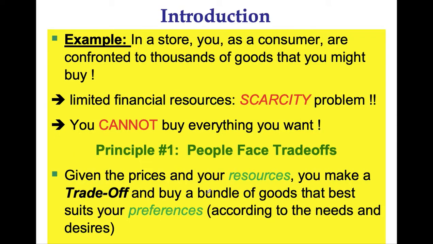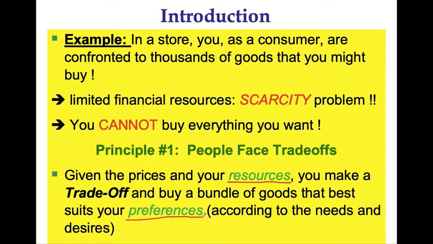So this trade-off is made because we have limited resources. This is the first important word in this sentence, and your choices of goods depend on your budget resources. And then of course you want to use your resources to buy the goods that best suit your preferences.